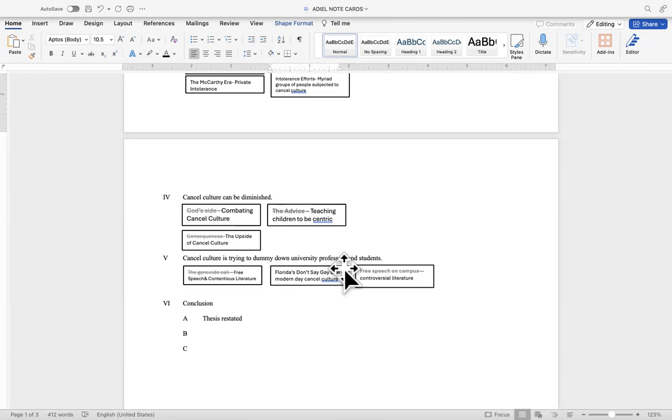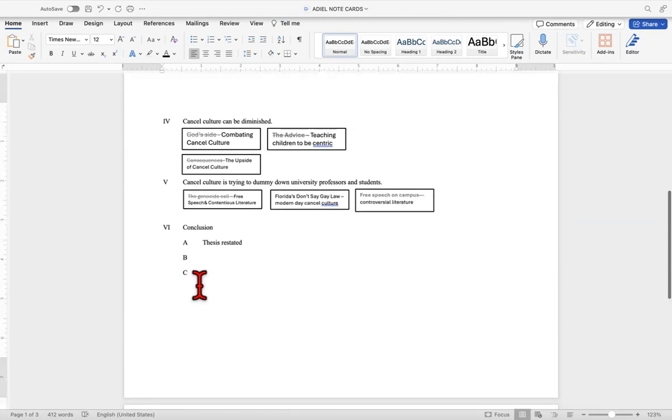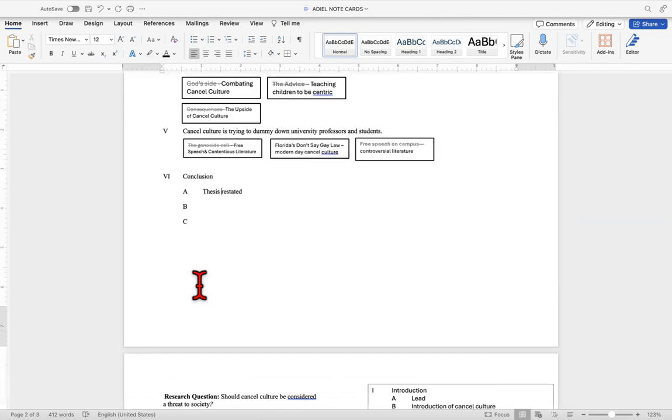How can you affect a bunch of people at one time? You go to universities and colleges where kids are trying to learn things, and you forbid them from reading certain things. So those 3 go there. And then here is, and I think I have an explanation of that somewhere else. But what I'm really working on is Roman numeral 2, 3, 4, and 5. You need to get those done.